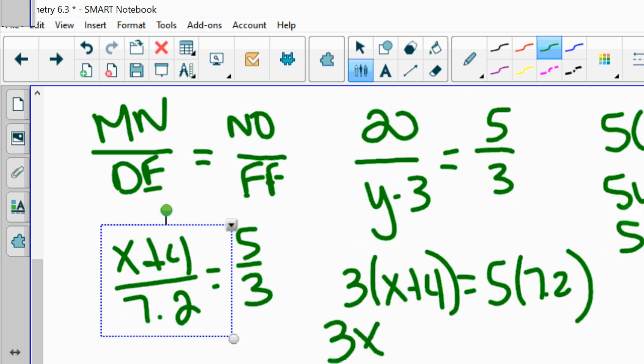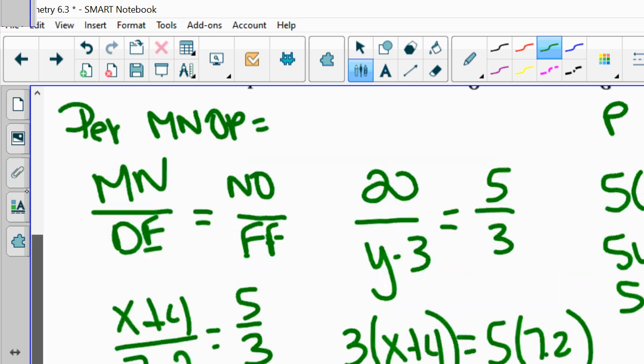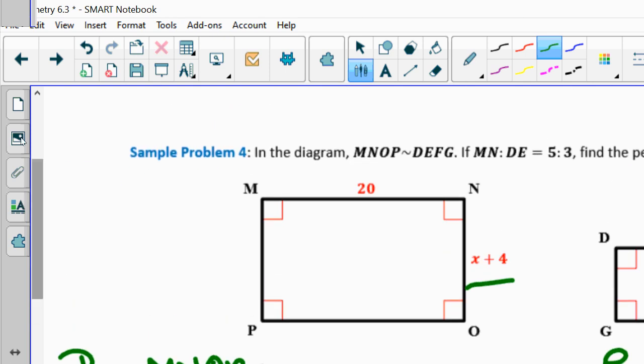Distribute 3x plus 12 equals 5 times 7.2 is 36. Subtract 12, 3x equals 24, x equals 8. So here, x equals 8, so this is 8 plus 4, this side is 12.